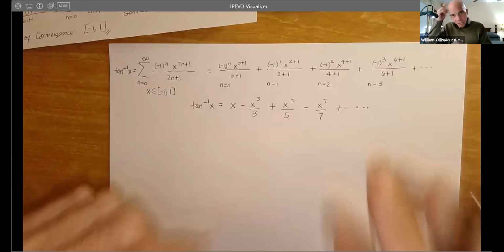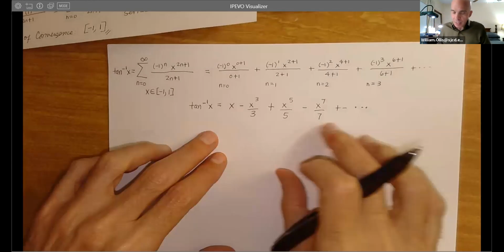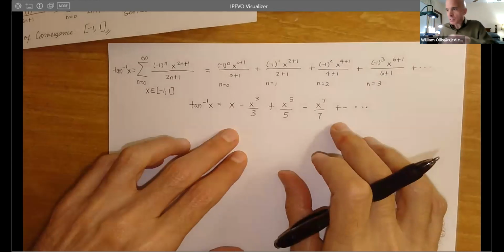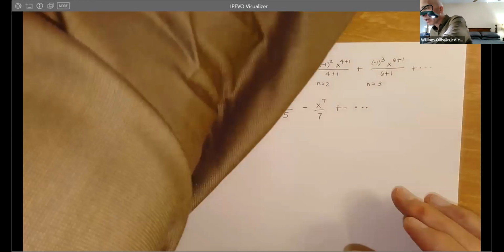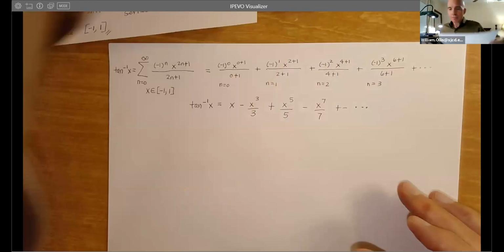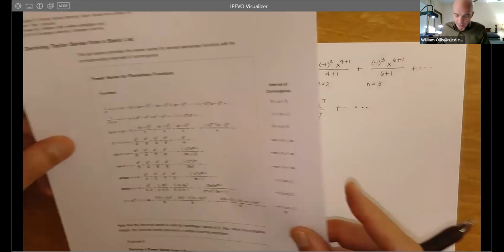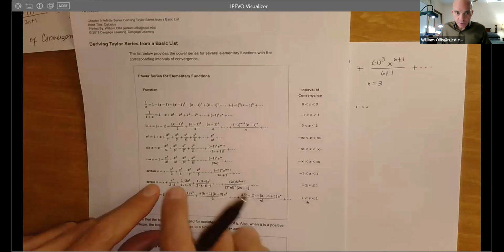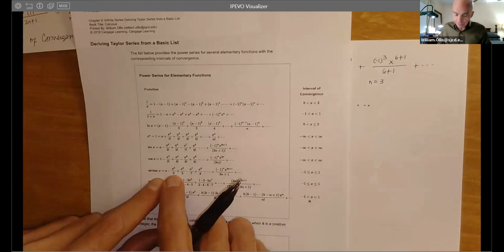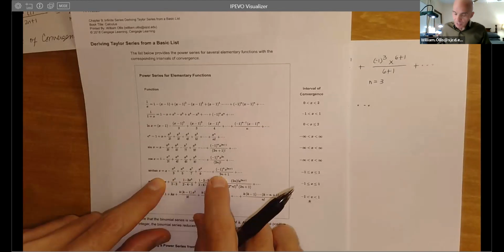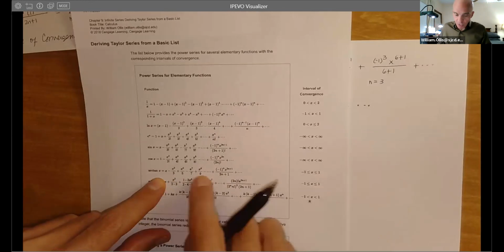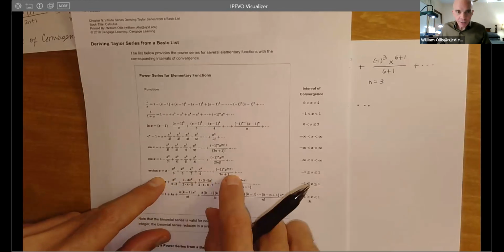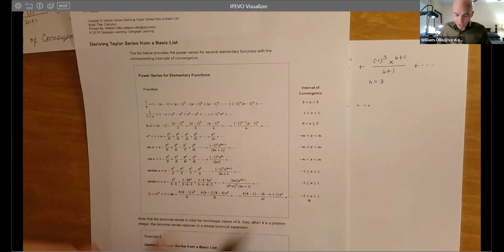So this inverse tangent has a really interesting progression here. And so if you use your ebook, you have your series for the arctan right here. So here's the interval of convergence, and it's considered one of the good series, so to speak, of elementary functions that you need to know.